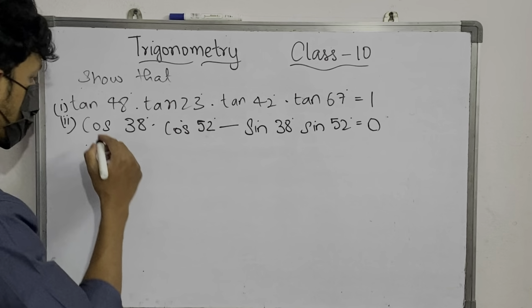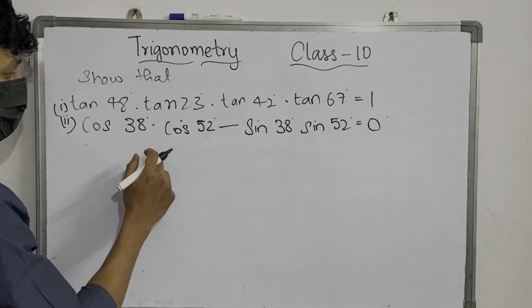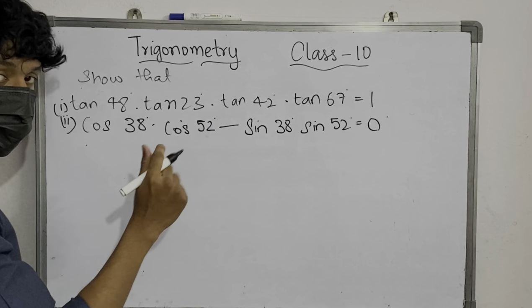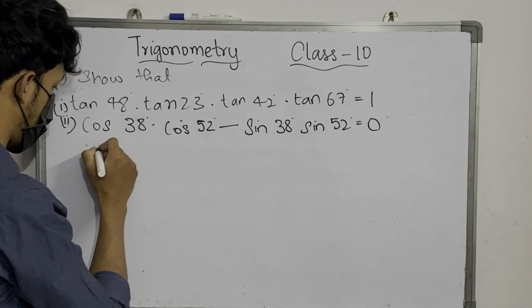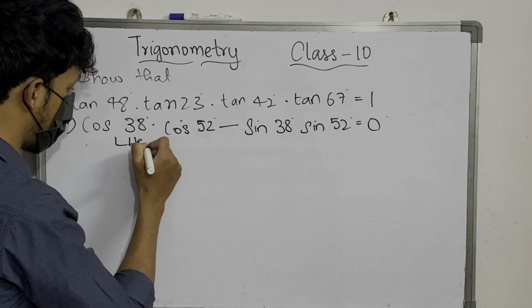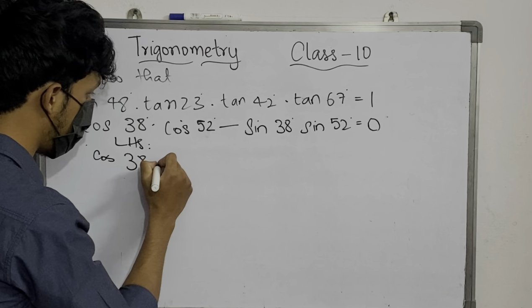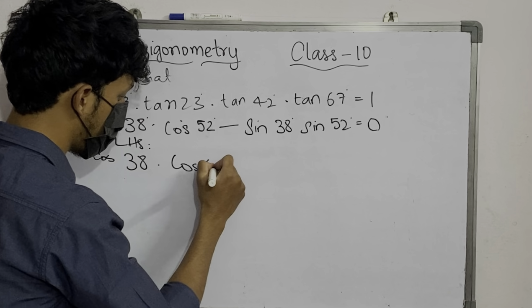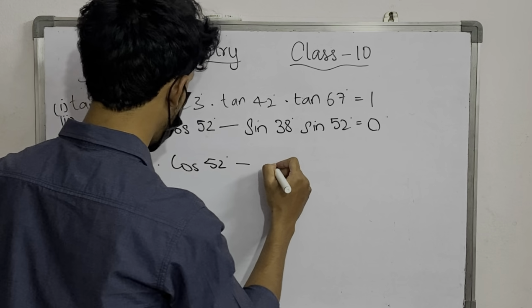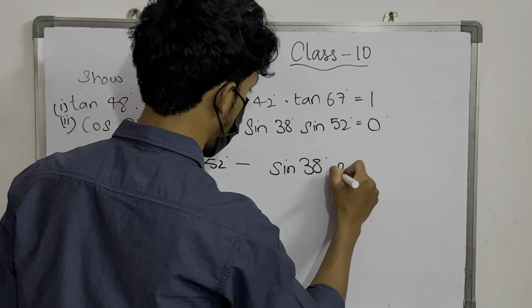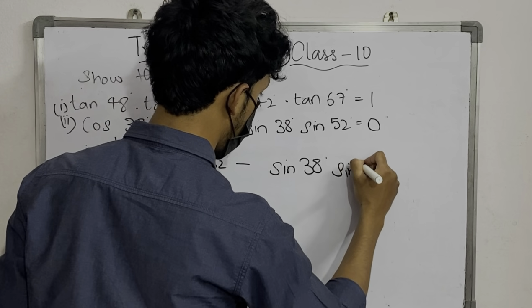So the second one is, guys, cos is given here, and the minus sign is given here, and we need to prove that it is 0. So LHS we will write here, LHS: cos 38 cos 52 minus sin 38 sin 52.